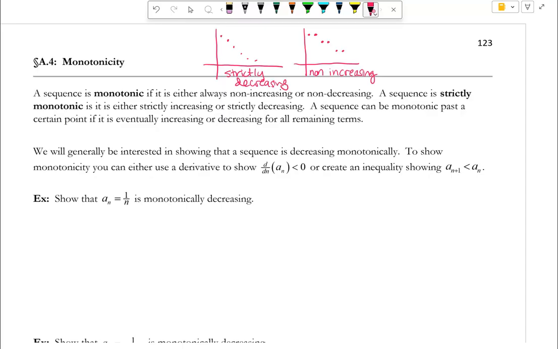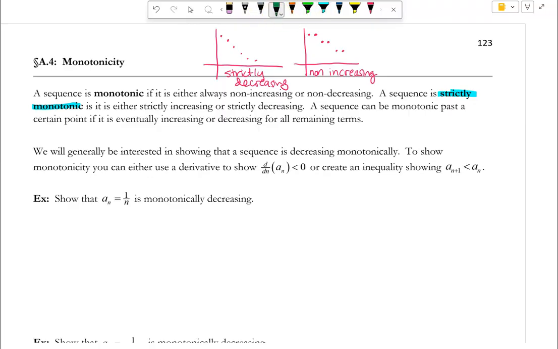So when our sequence is either strictly decreasing or strictly increasing, that's when we would say that it is strictly monotonic. And in addition to that, a sequence can be monotonic past a certain point if it is eventually increasing or decreasing for all remaining terms.